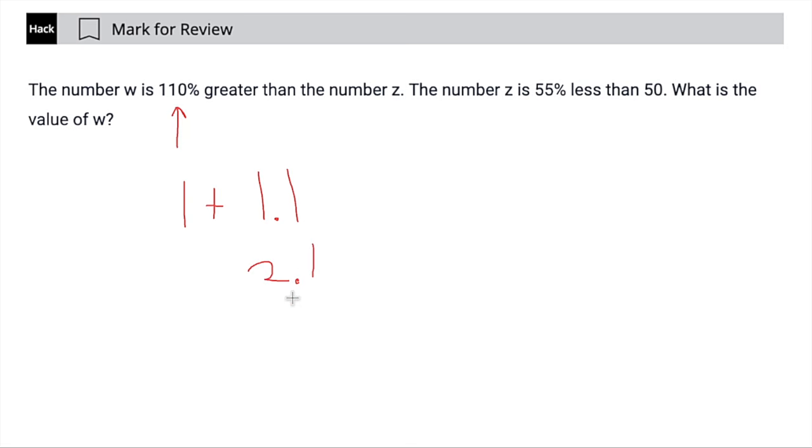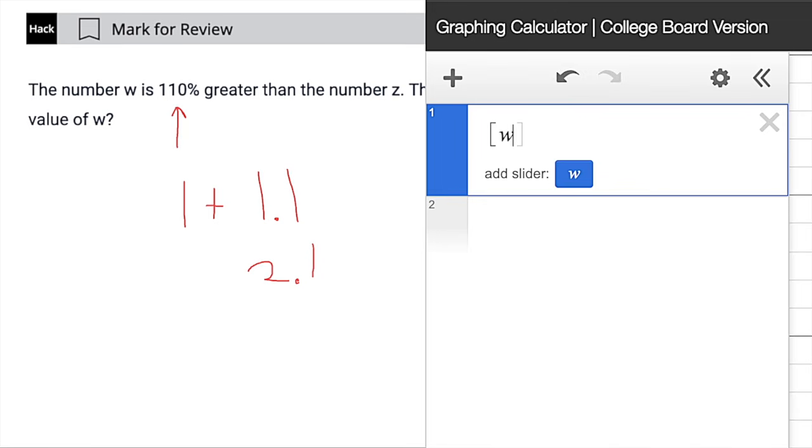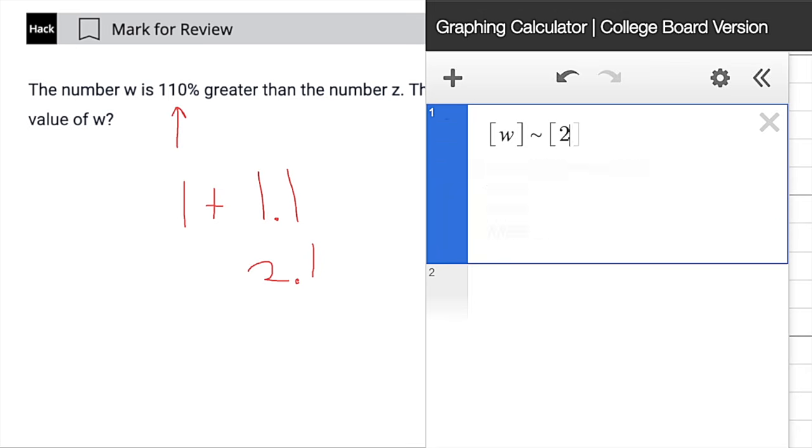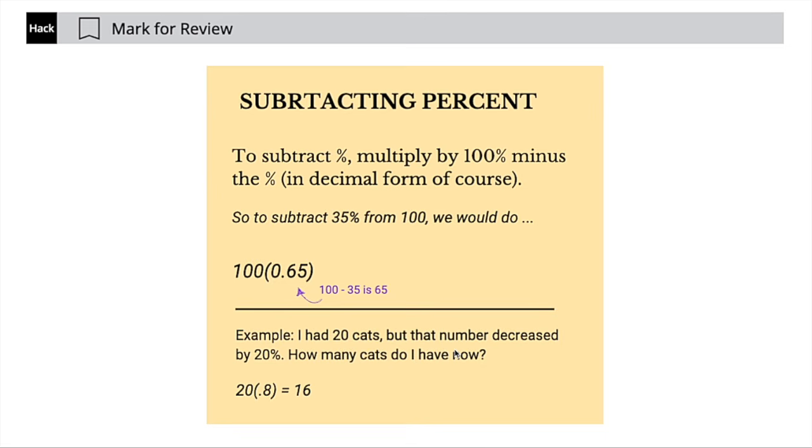And once we know that, this is a pretty darn easy question, especially if we just plug it right into Desmos. So let's do that. And I like to use the bracket system of equations method here. W is squiggly 2.1, that's 110% greater. And then our next equation is Z is 55% less than 50, which brings us on to subtracting percentages. And to do this, basically you take whatever you're going to subtract from 100 and convert it into decimal form.